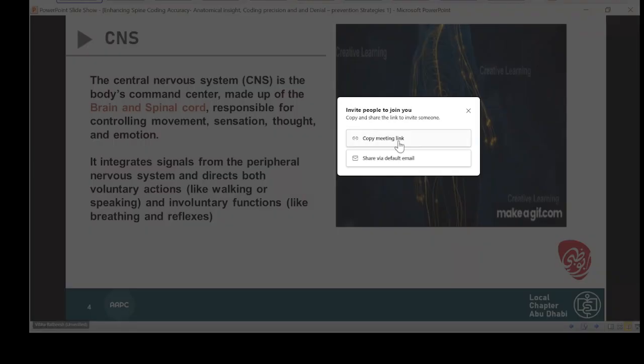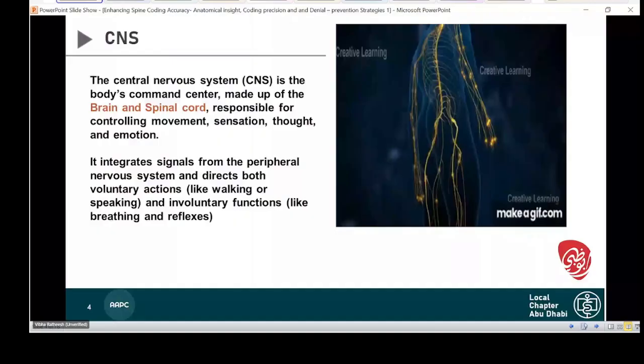So this CNS is responsible for controlling the voluntary and involuntary actions of the body, whereas the PNS, or peripheral nervous system, connects the central nervous system to other body parts, I mean limbs or other parts of the body.